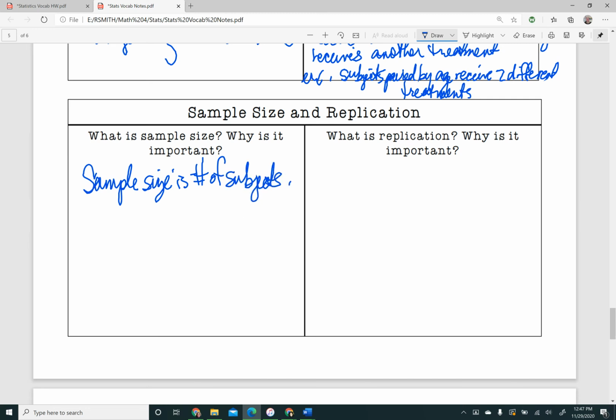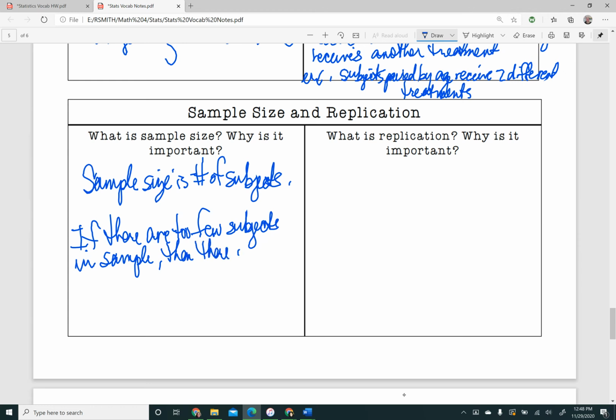Well, it's important because if there are too few subjects in the sample, then there's not enough information to make a general statement about the population.